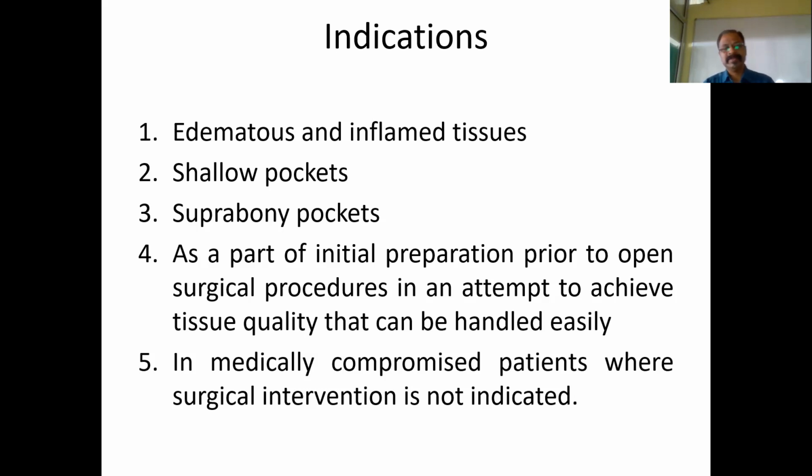The last one is in medically compromised patients where surgical intervention is not indicated. Let's assume there is a patient who has a shallow pocket or maybe a moderate depth pocket ranging from 5 to 6 mm. Then he has some systemic medical complications, and that makes him not a candidate for your periodontal flap surgical procedure.